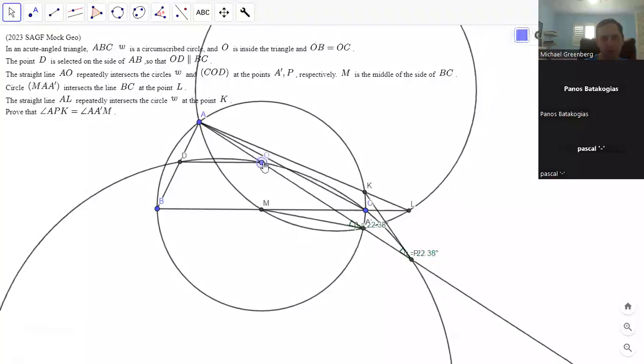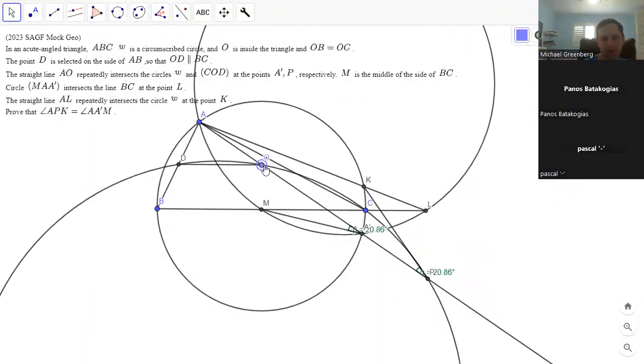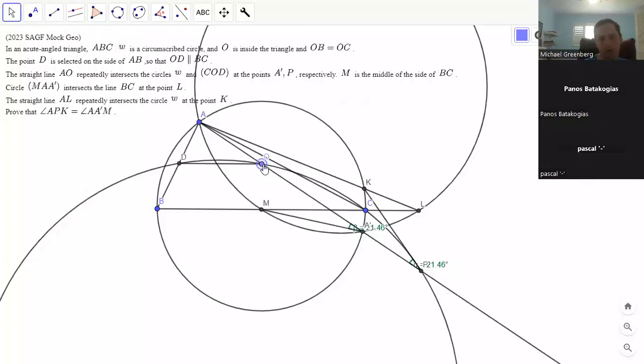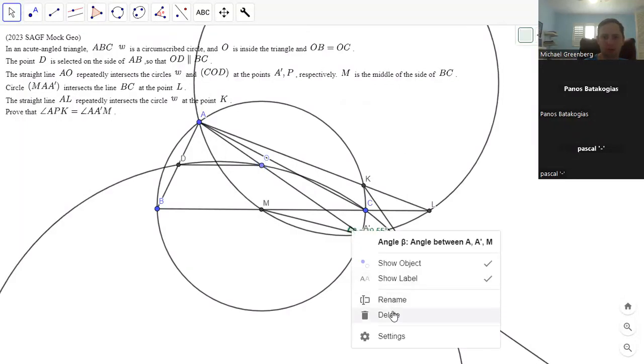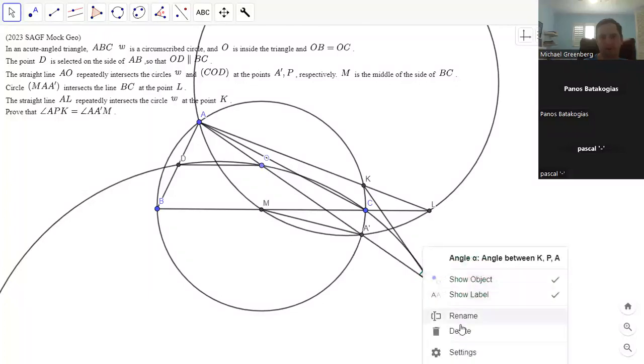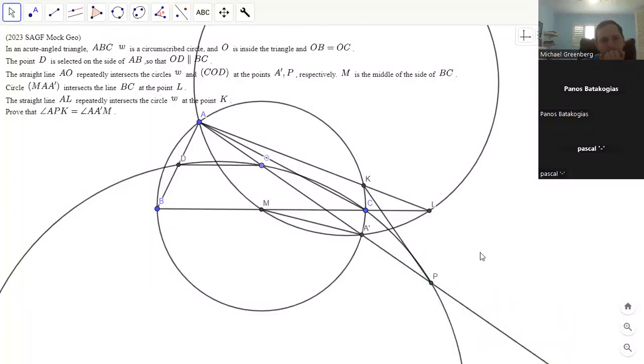Let's see, if we move O along, we're going to hit the bisector. What happens? A prime M is ALM. So if we draw this point, it's equivalent to saying KELP is cyclic.